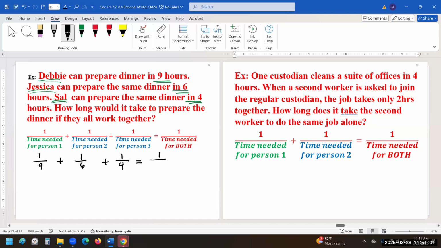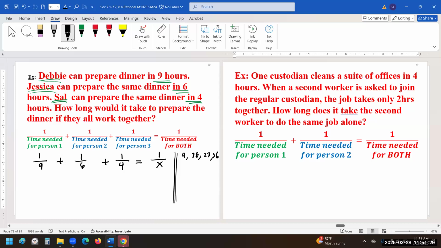So it's 1 over x. And then you look for the LCD. If you don't see the LCD, write down their multiplication timetables. Whenever you see the smallest number that appears in all three, that's the LCD. For example, the timetable for 9 is 9 times 1 is 9, 9 times 2 is 18, 9 times 3 is 27, 9 times 4 is 36.